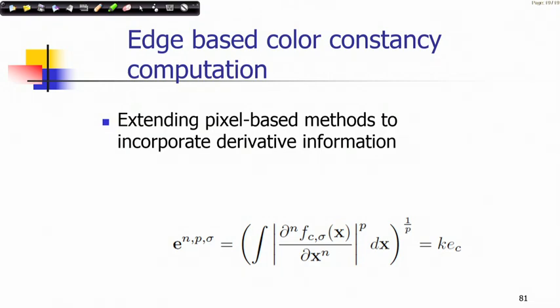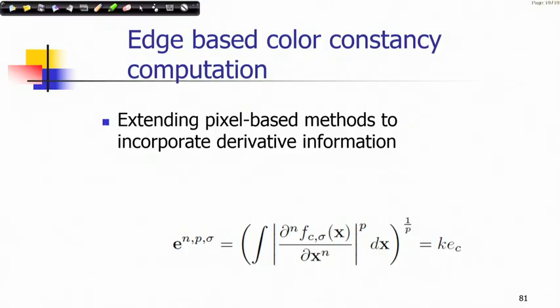One of these methods, shown here, extends pixel based methods to incorporate derivative information. That means, again you are trying to accumulate all such pixels' intensity values, and or their derivatives, and then this aggregated form itself will give you the proportional color representation in the 3 vectorial form.